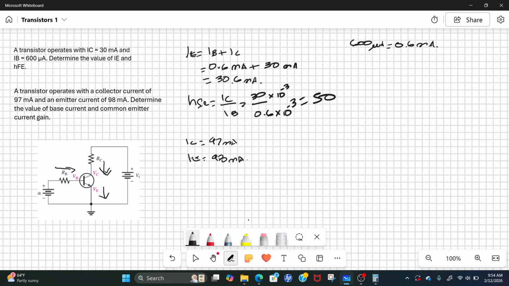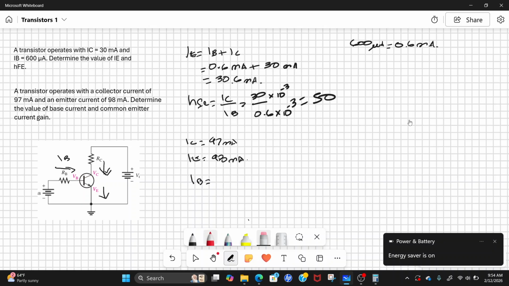We need to calculate the current in the base. So current of the base is equal to current of the emitter minus current of the collector, which is equal to 98 minus 97 equals 1 milliamp.